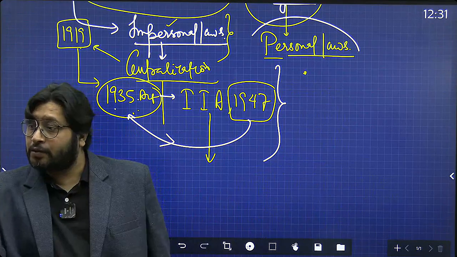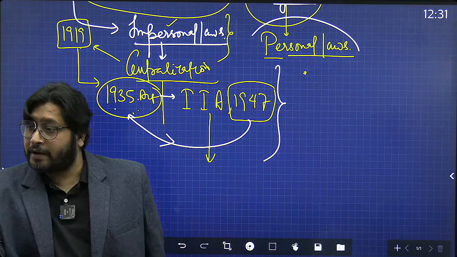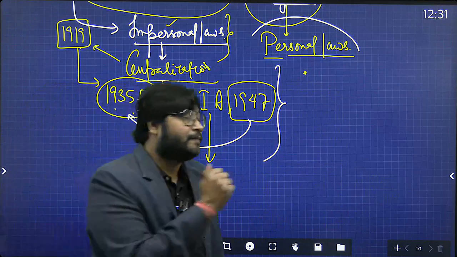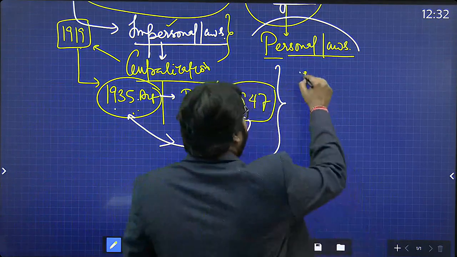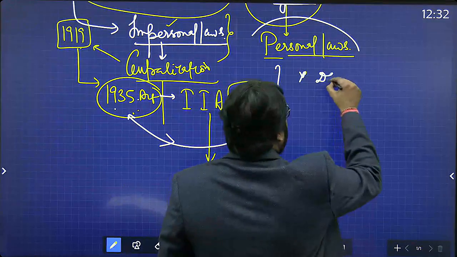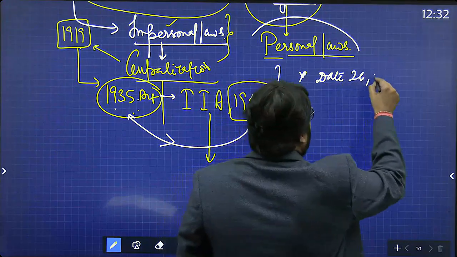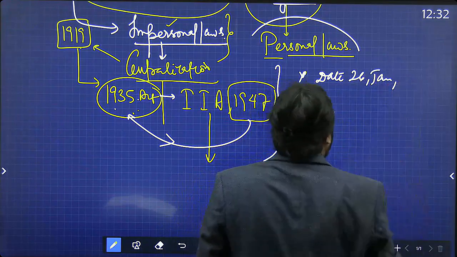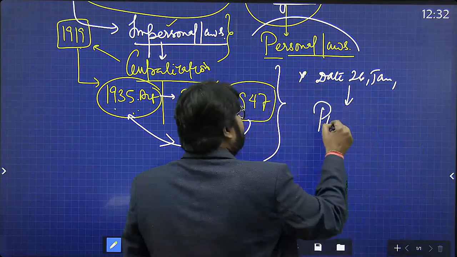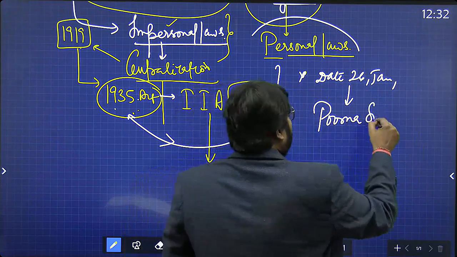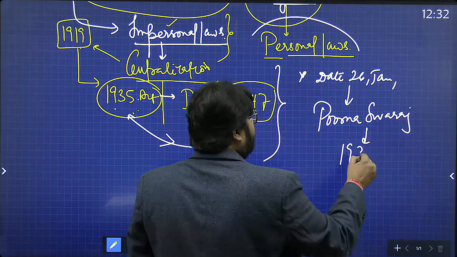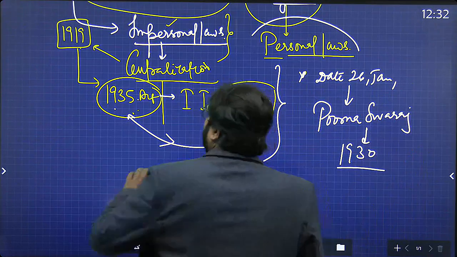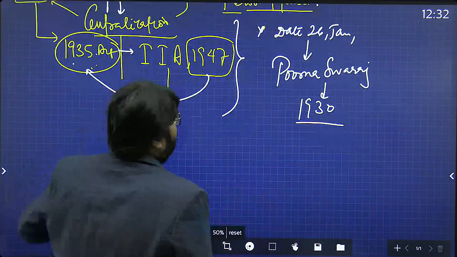Nehru declares Poorna Swaraj, correct? 1930, correct. So that is why that date was chosen. Fine. So we had obviously initiated it.